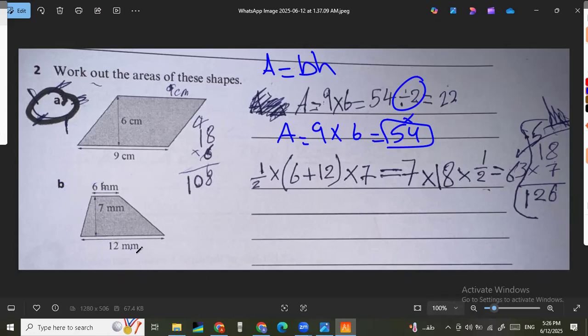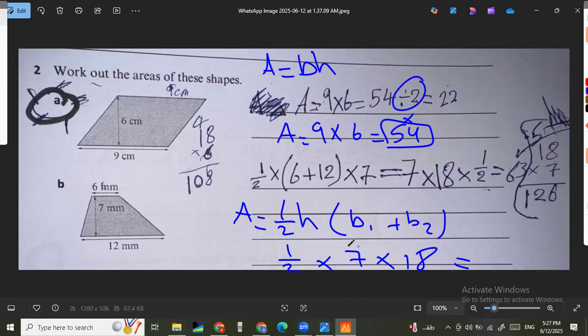All right, next question over here. You add the two bases up for the trapezium. A equals half H, then B1 plus B2, or A plus B, whatever. So you can say half multiplied by the height, which is 7, multiplied by 6 plus 12, which is 18.